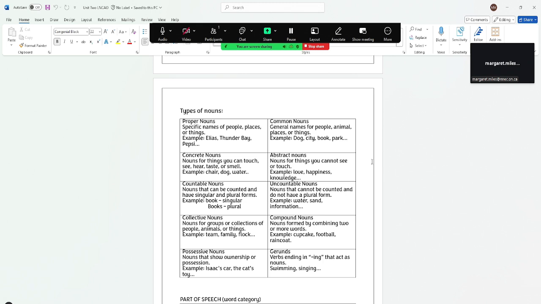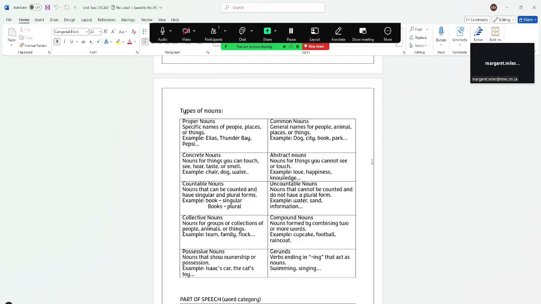Collective nouns, nouns for groups or collections of people, animals, or things. For example, a team, family, or flock. Compound nouns, nouns formed by combining two or more words. For example, cupcake, football, and raincoat.